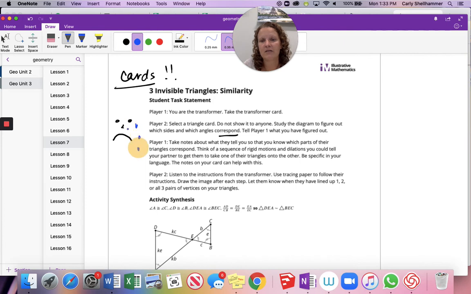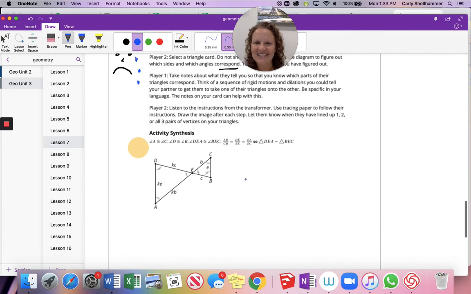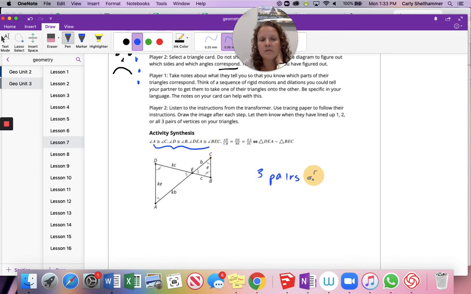All right, so if we look at this one, how could I do a series of transformations to show that the little triangle is the same as the big one? I know that the angles are congruent, and that the side lengths are proportional. That's what we're seeing here. First I see that all 3 pairs of angles are congruent.